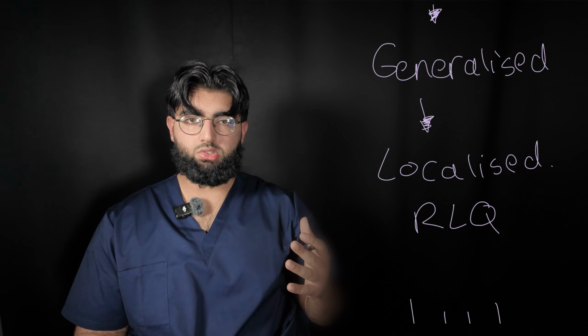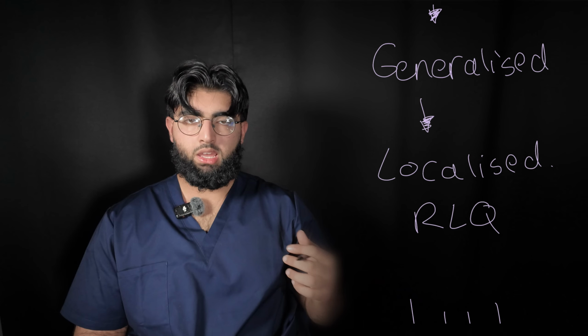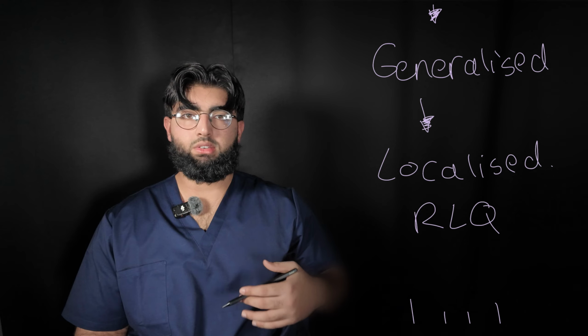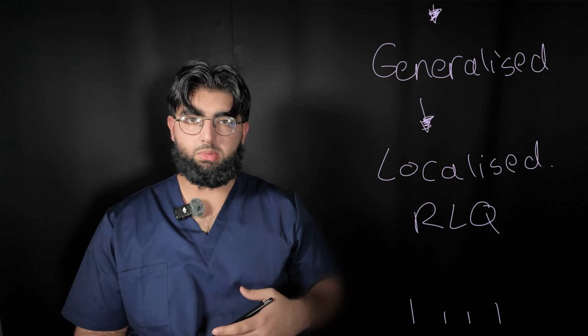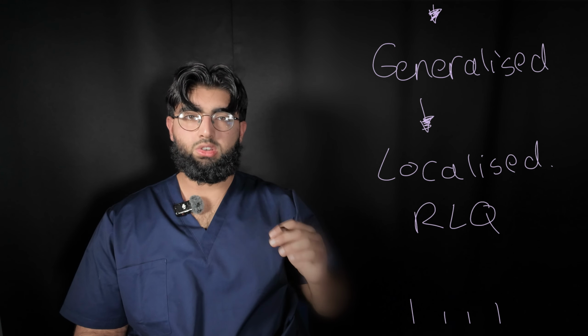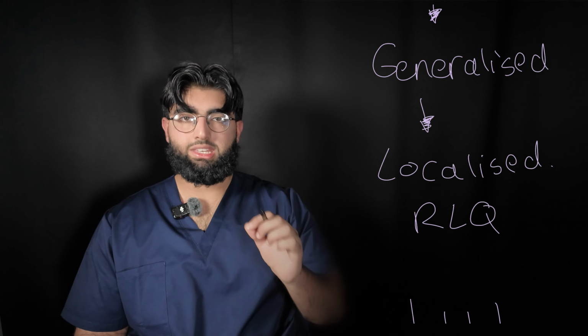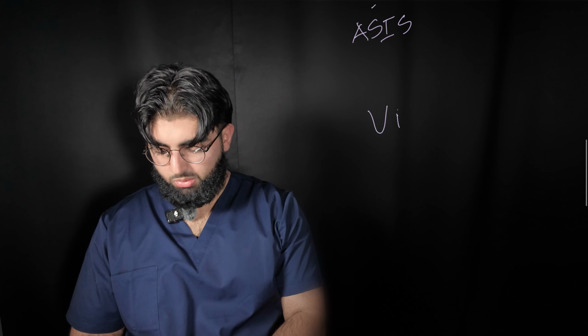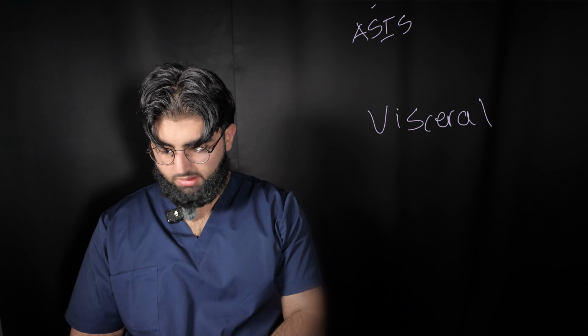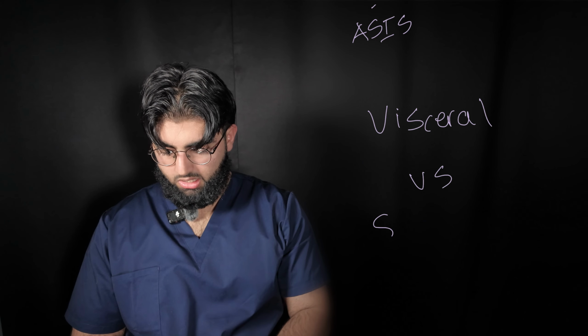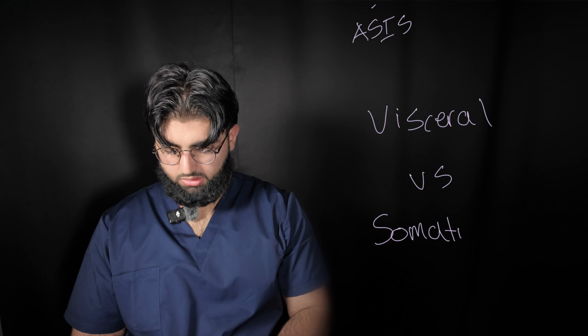Now, visceral afferents are part of the autonomic nervous system, and visceral afferents innervate the organs of the abdomen, okay? Now, they are not as dense as somatic afferents, okay? Now, somatic afferents, let's write this down quickly. So, we have visceral afferents and we have somatic afferents, okay?